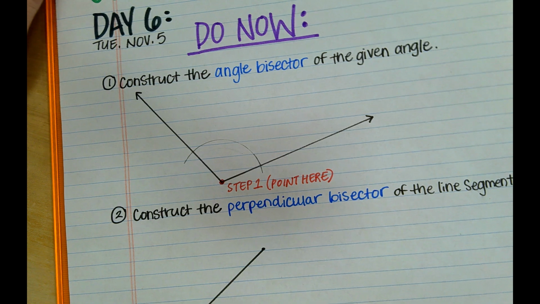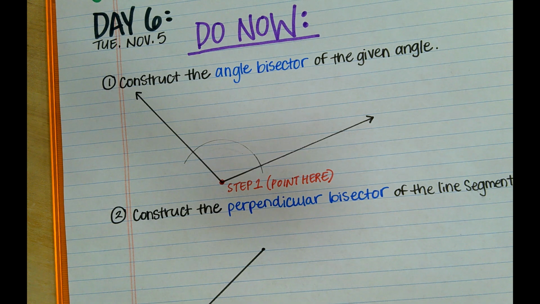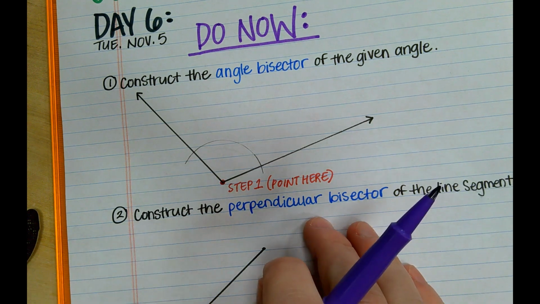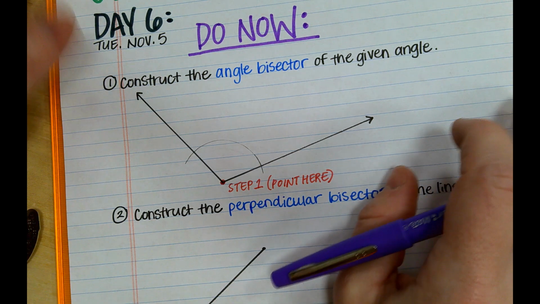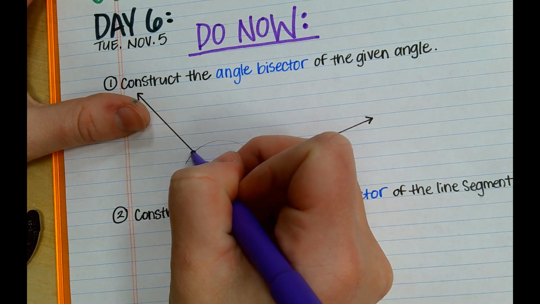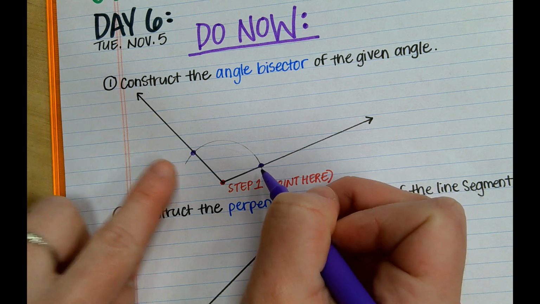Everybody got that so far? Awesome. Now for step two, does anybody know where we're going to go next? Where does the point of our compass go next? We're going to go to either one of these intersections we just created.